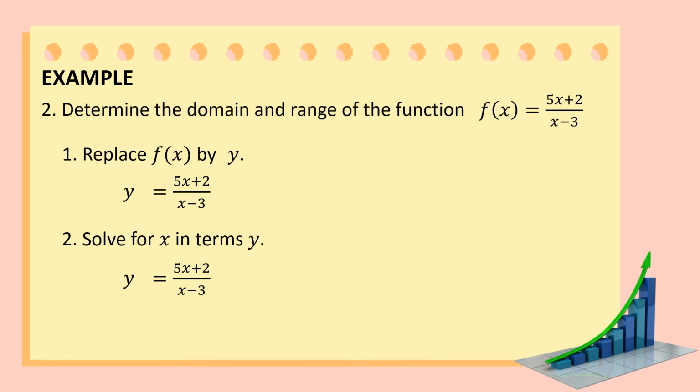We now have y equals the quotient of the sum of 5x and 2 and the difference of x and 3 to be multiplied by the difference of x and 3. The difference of x and 3, which is to be multiplied to y, is equal to xy minus 3y.